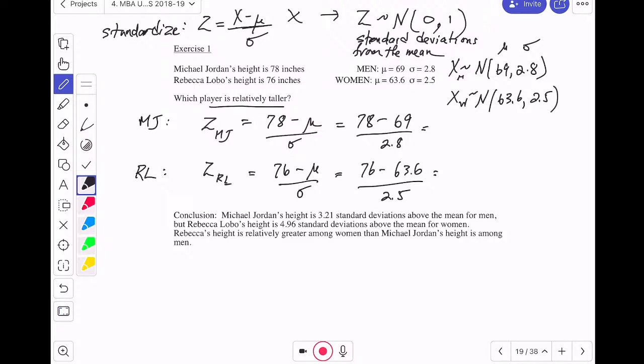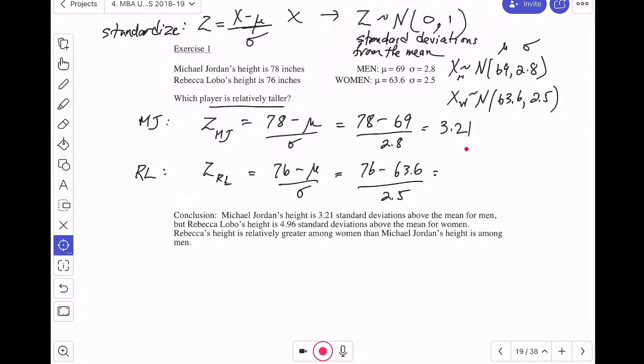Okay, so what do you get? So for Michael Jordan, he is 3.21 standard deviations above the mean for men.